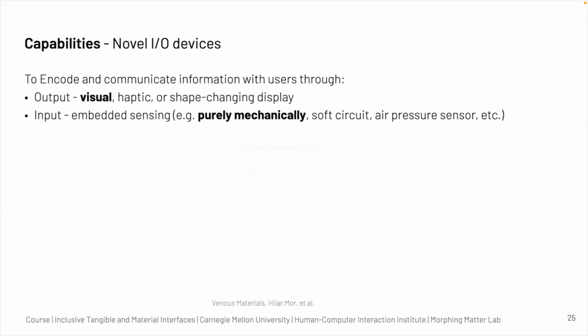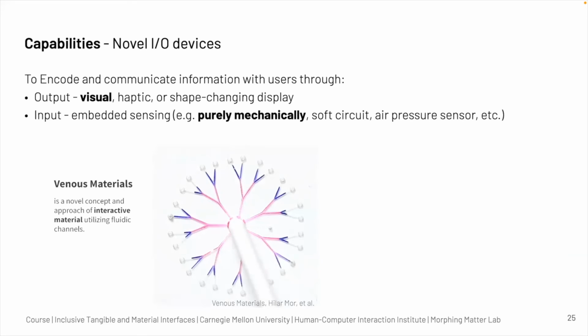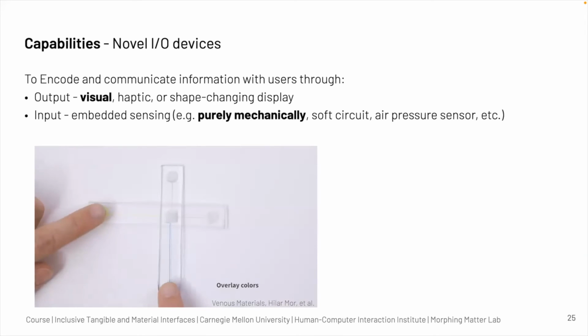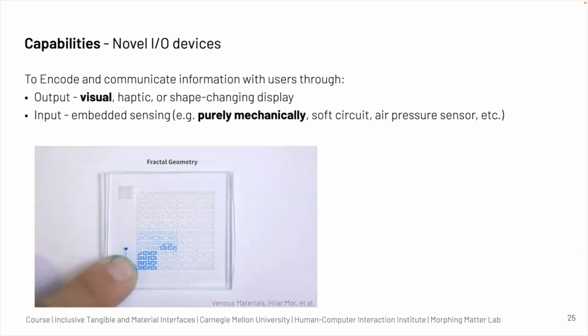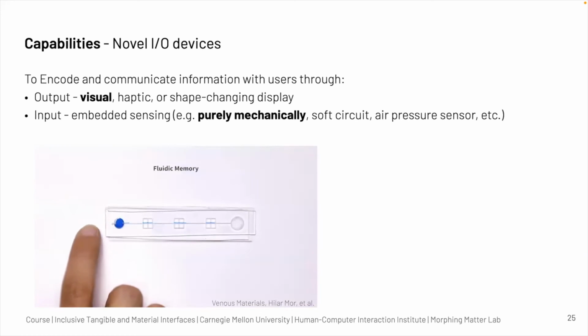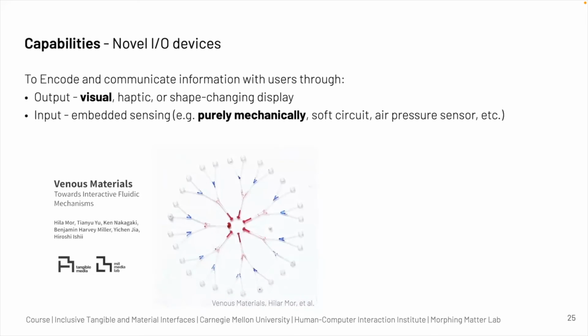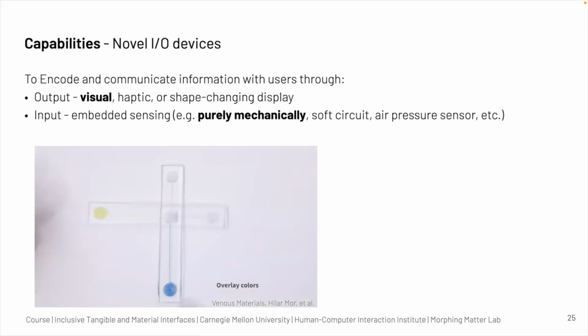This example has a beautiful display as a diverter flowing through the channel, and it's actuated purely mechanically, which means it will respond directly to mechanical inputs from the users, such as pressing, folding, bending, and there are no computational or electrical components embedded.